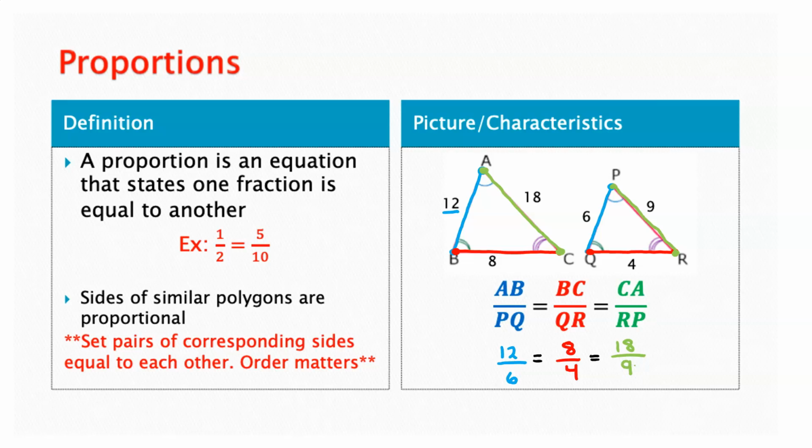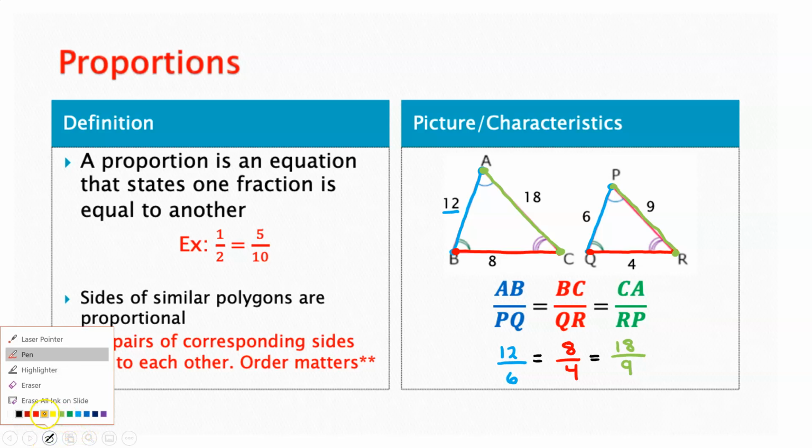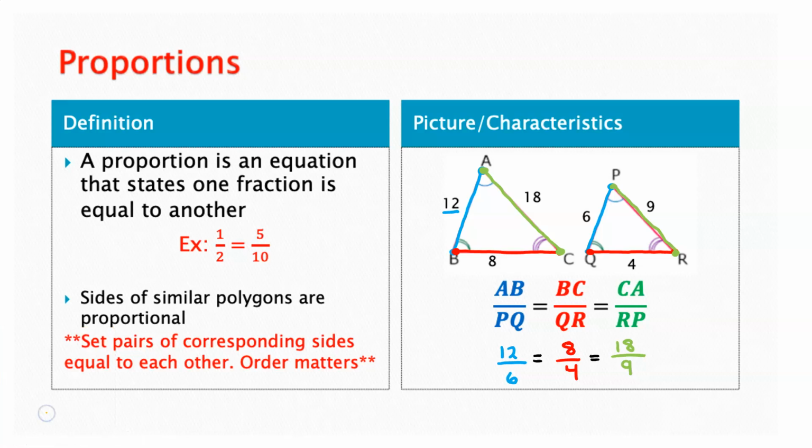Right? So this proportion is telling me that if these guys are similar, and I go through and simplify all of these, what color can I use to simplify? I'll use orange here. What can I divide 12 and 6 by? I can divide by 6. 12 divided by 6 is 2. 6 divided by 6 is 1. That's equal to the fraction 8 over 4.